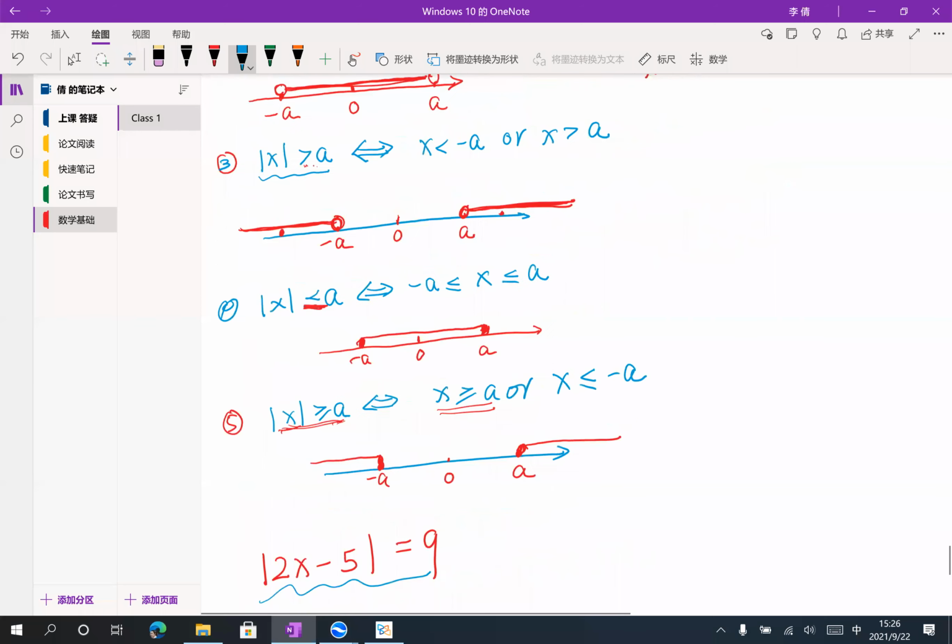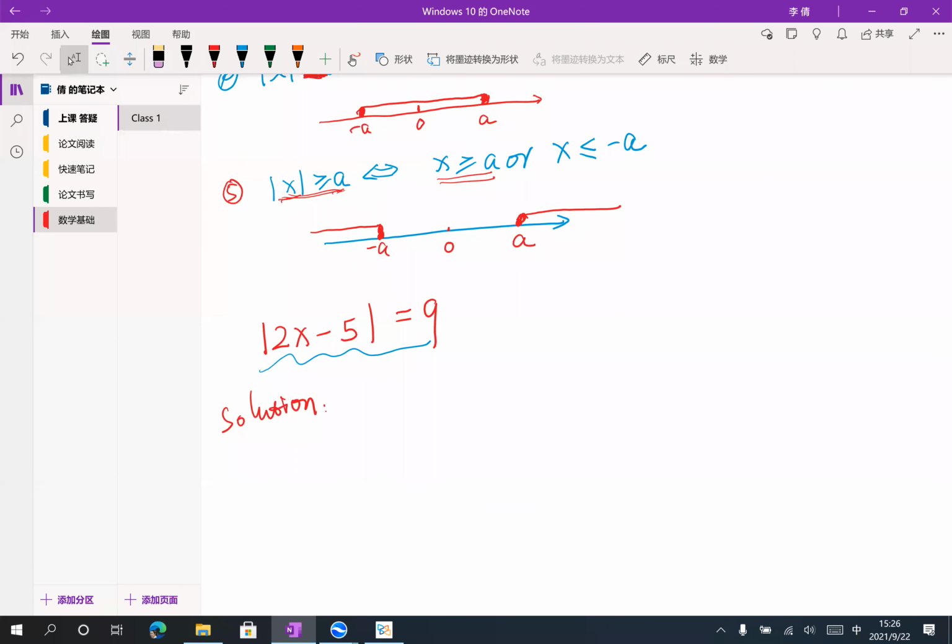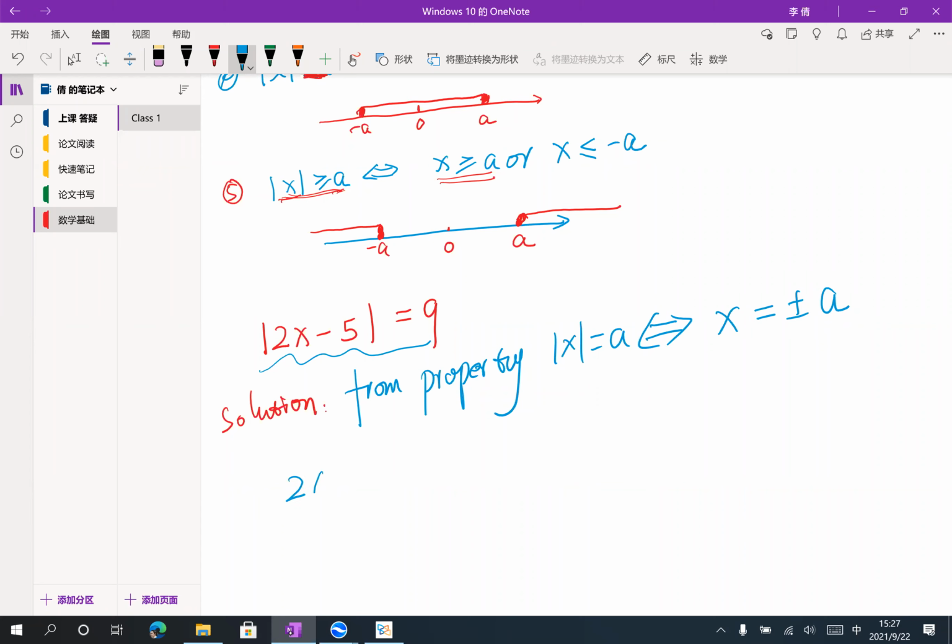From this property we can get 2x minus 5 is equal to 9, this is the first one, and 2x minus 5 is equal to minus 9.